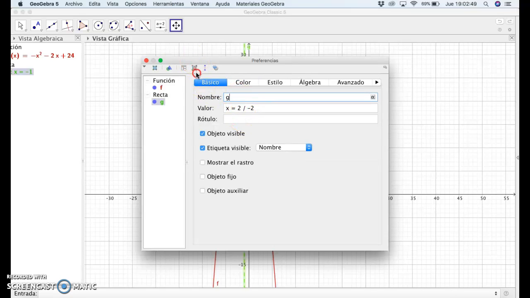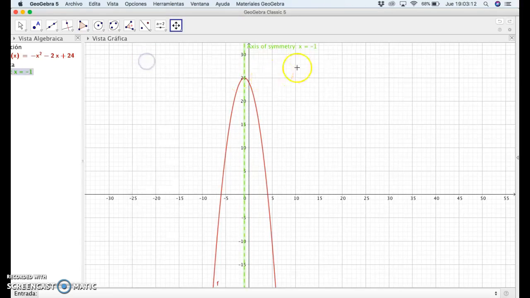And I'll put here that this is the axis of symmetry, so we can know what that line is. As you can see, the axis of symmetry is x equals minus 1, and at minus 1 the line crosses.